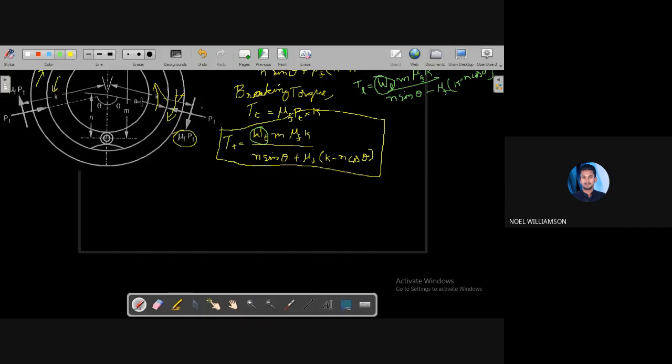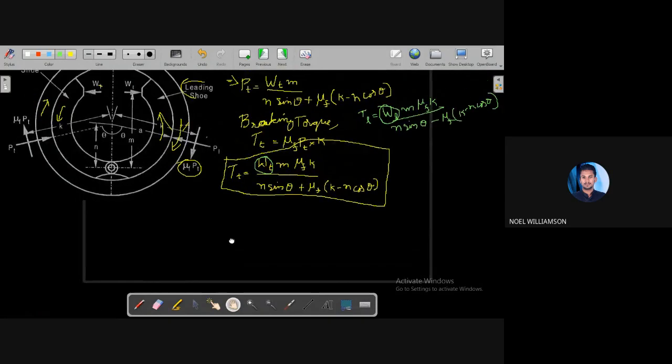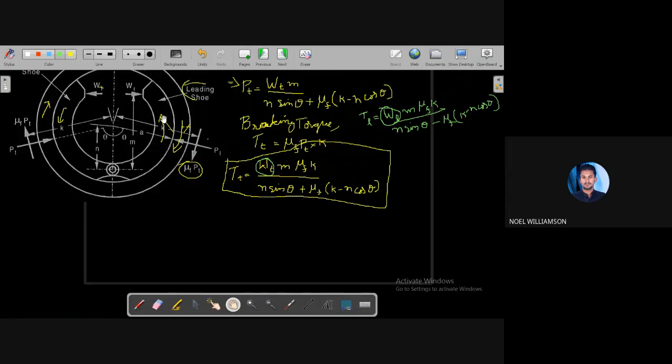Now, if both the actuating forces are the same and also the value of theta is 90 degrees, that means it is like this, acting in this direction, so this line is perpendicular to the vertical.